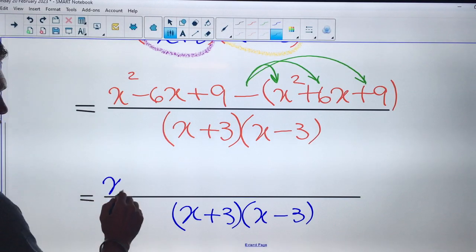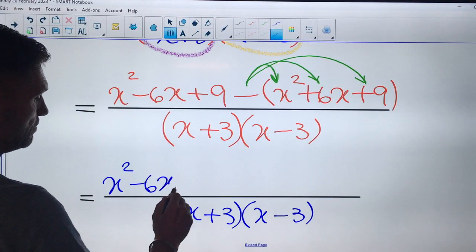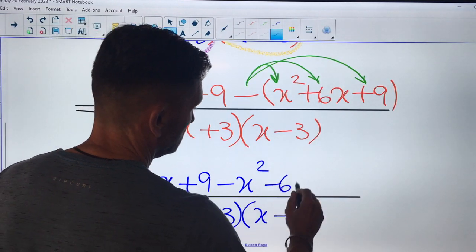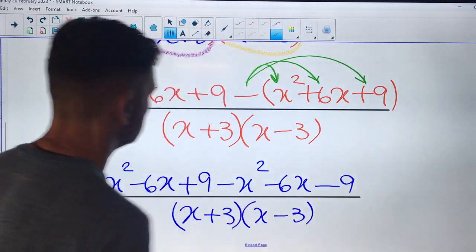We have x squared minus 6x plus 9 minus x squared minus 6x minus 9.